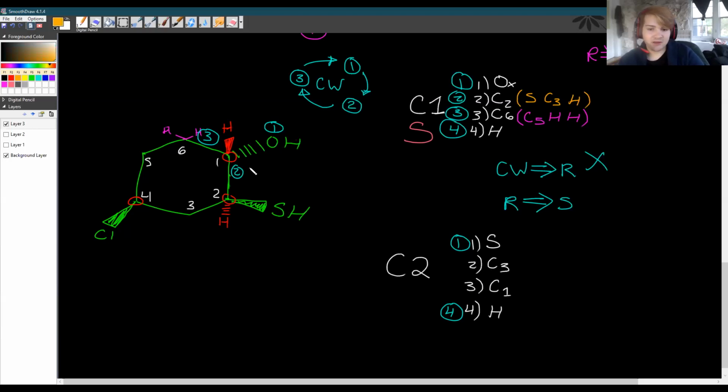And just for practice, we can say that C3, this guy right here, is bonded to C4, a hydrogen and a hydrogen. And C1 is bonded to an oxygen, C6, and a hydrogen.